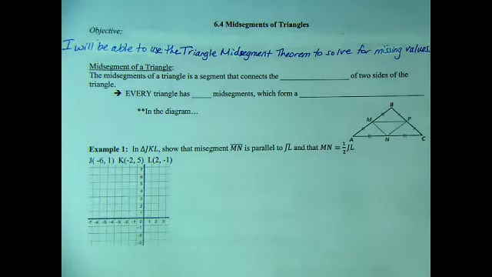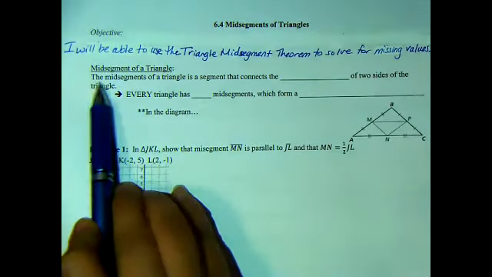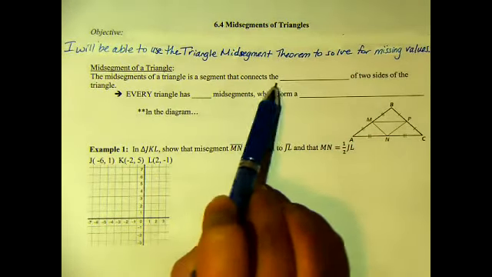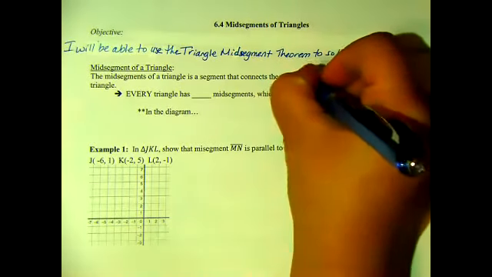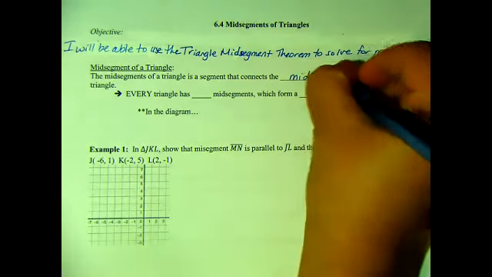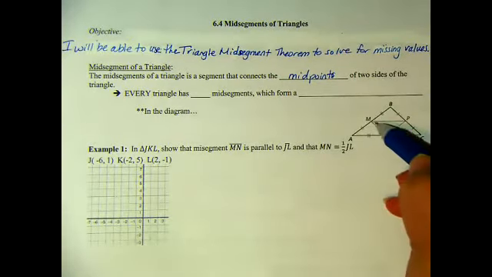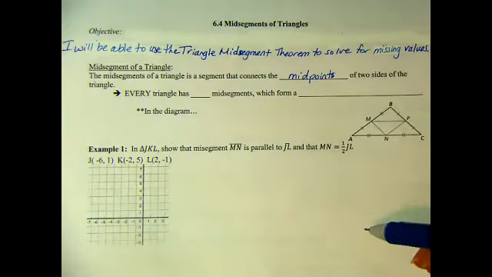The mid-segment of a triangle is a segment that connects the midpoints of two sides of the triangle. If I have these two sides, it's connecting the midpoint of this side and this side.